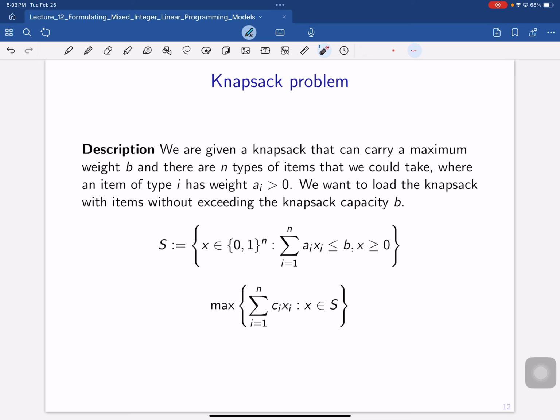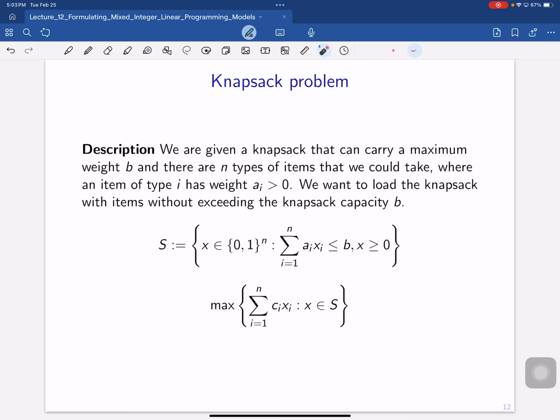So x has to be 0, 1 variables because that doesn't allow you to take a fraction of an item into the knapsack. And the sum of a_i x_i means the total weight of the items you have packed. It has to be less than or equal to the capacity B. That's just the knapsack problem we talked about before.